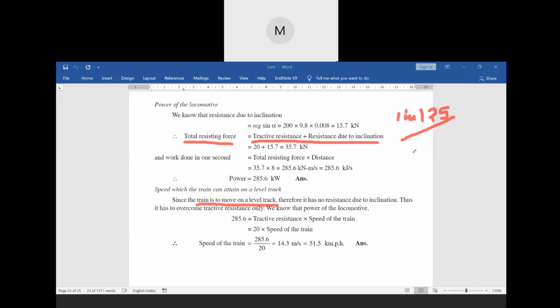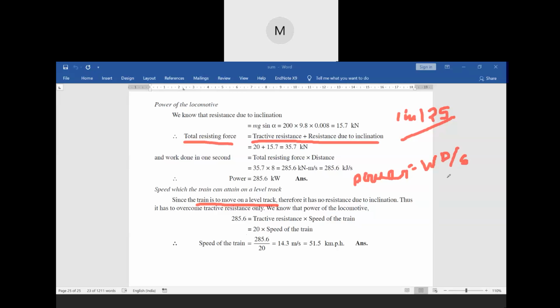Now, if you can see here, in the second part, it is given the train is to move on a level track. Now, in a level track, what will have to be removed? Can you tell me which part is not necessary for finding out the work done per second or power? Power is work done per second, right?